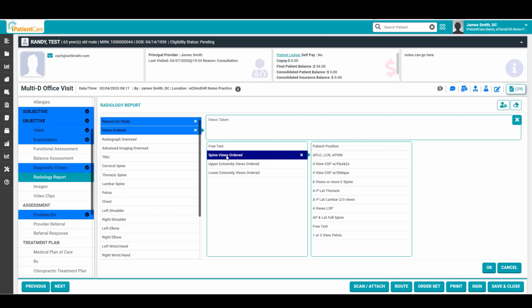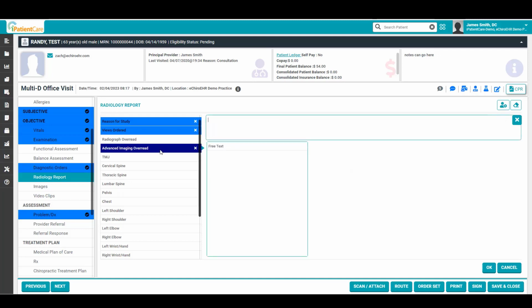Now, what's important to note is that if you are performing these in-house, these codes will automatically drop into the charge capture. There are also areas within this section for reading radiographs from an outside source, advanced imaging overreads.